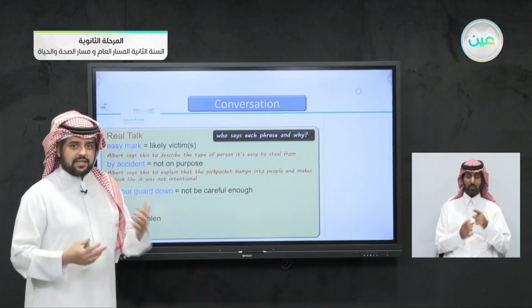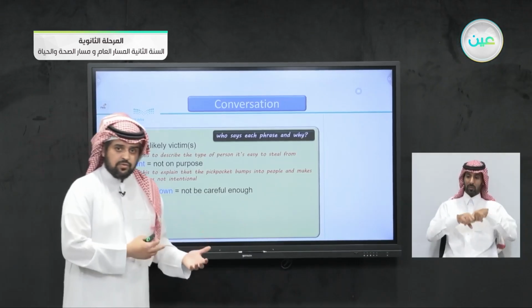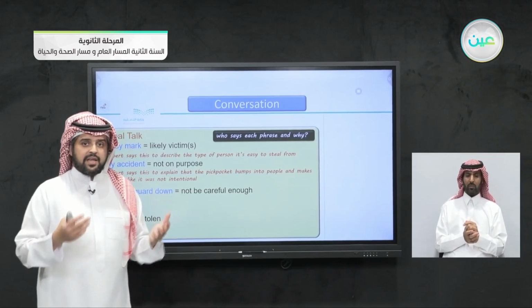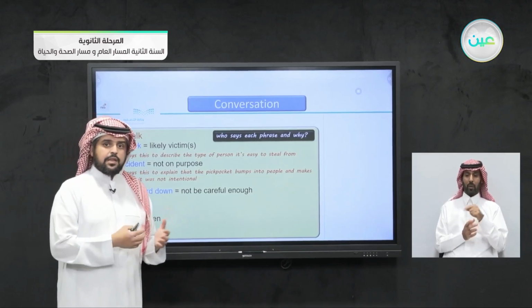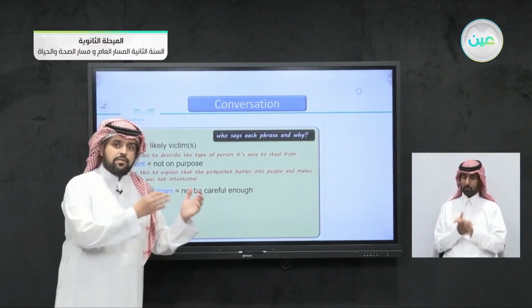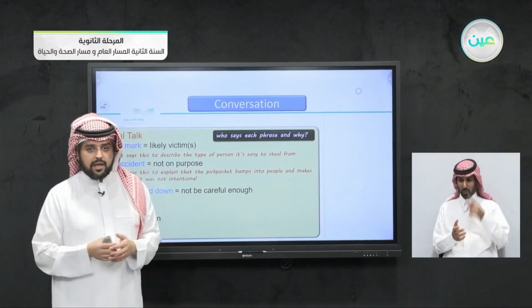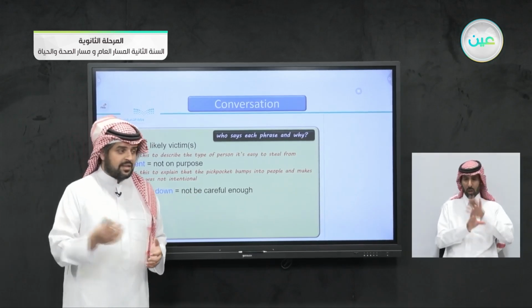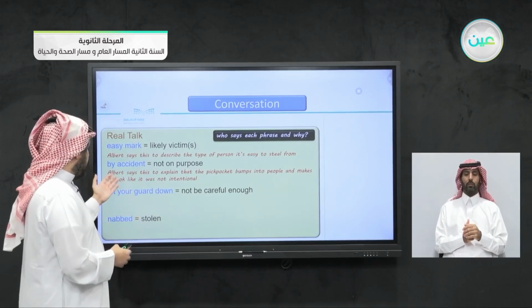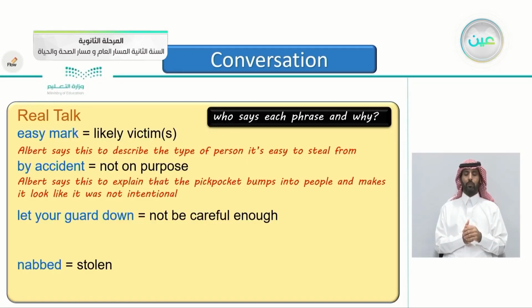So he's acting that he's bumping into you, makes it that it was by accident, make you feel that you believe that he tripped over something or he lost his balance or that he felt dizzy. Again, by accident, not on purpose. But of course, it's all planned.